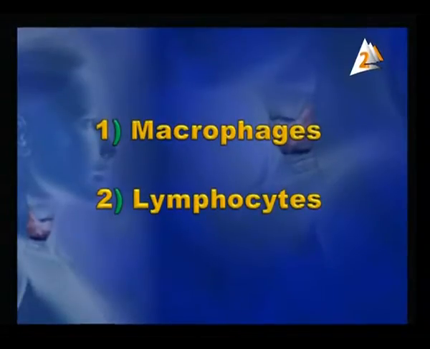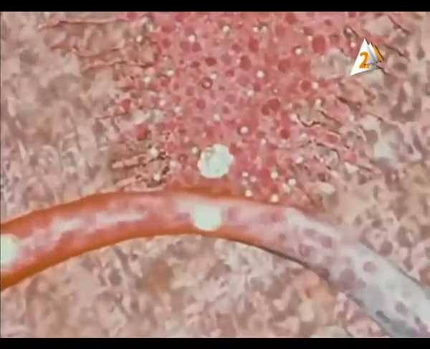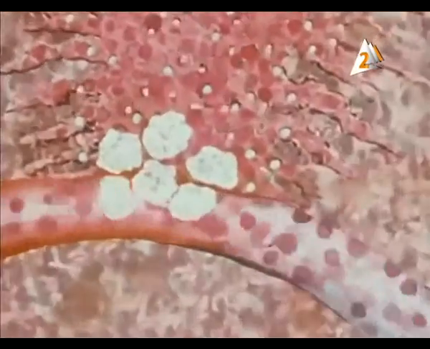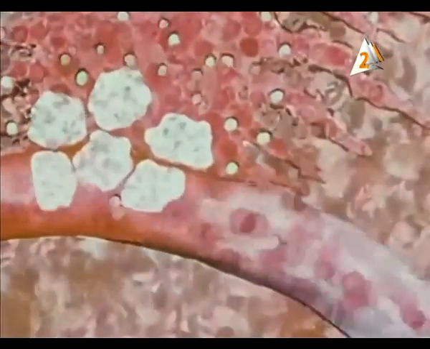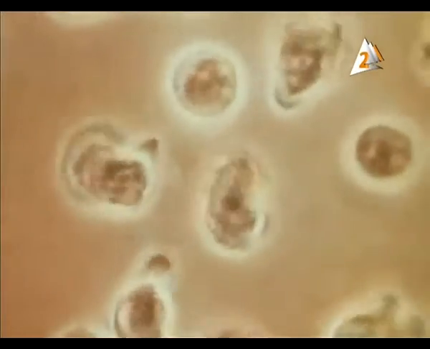The second type of cells in the spleen are lymphocytes, which are another type of white blood cells that release a special type of proteins in the blood known as antibodies, which have the mission of defense against germs and viruses.